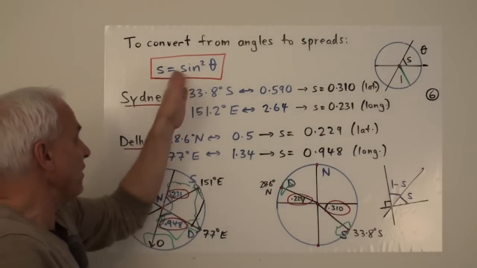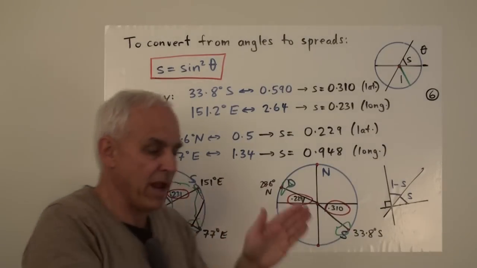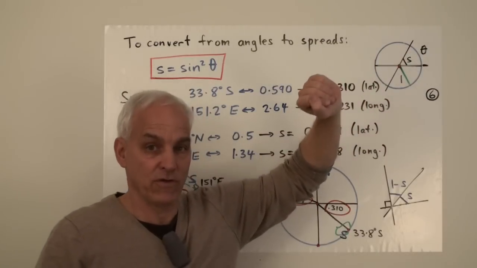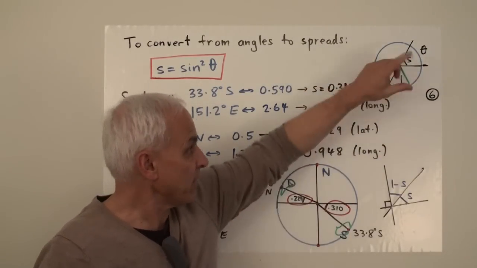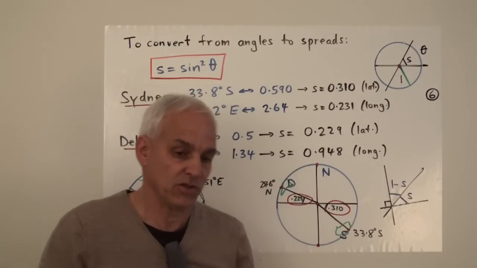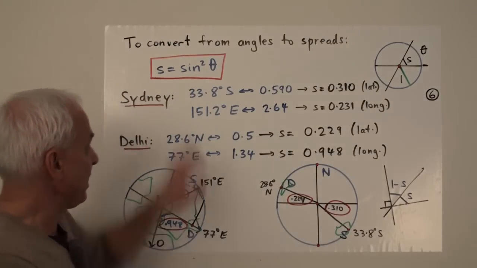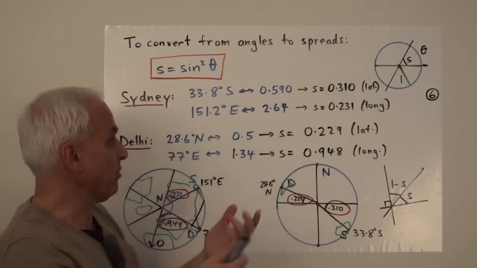Now, this is not the way we define the spread, because the spread is a purely algebraic quantity that doesn't depend on the essentially transcendental nature of angles. Just to define angles really requires calculus. To define the spreads just requires some basic geometry or maybe a little bit of linear algebra. But nevertheless, this is the relationship that allows us to go from one to the other reasonably smoothly.